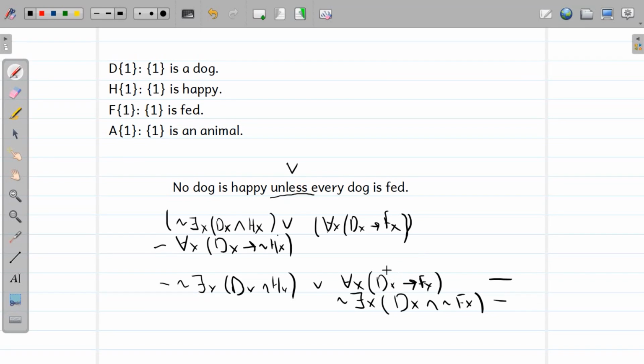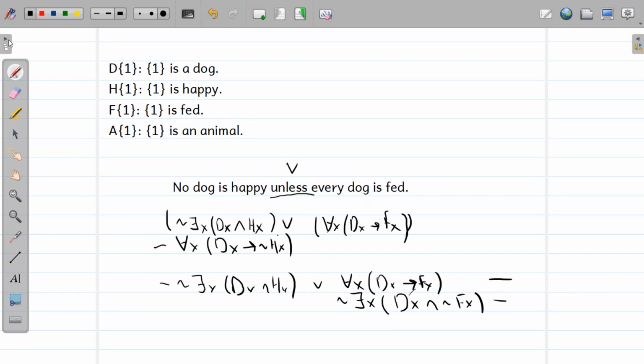That's why we need the conditional to restrict down the scope of our claim. And I hope that's clear why the negative existential here is saying the same thing. There's no object such that it satisfies both of these properties. That also restricts it down. So there's no problem with Venus being both a dog and not fed because it's not a dog. Good? Good.